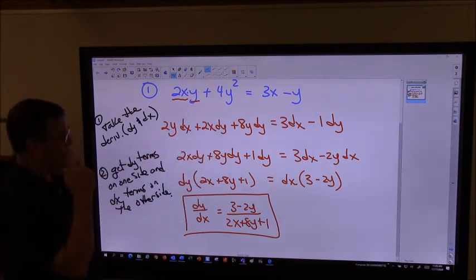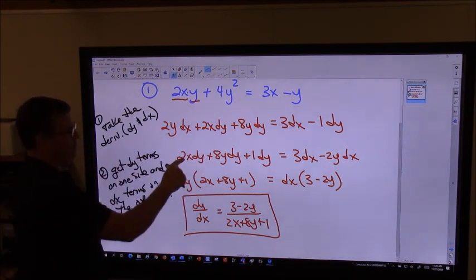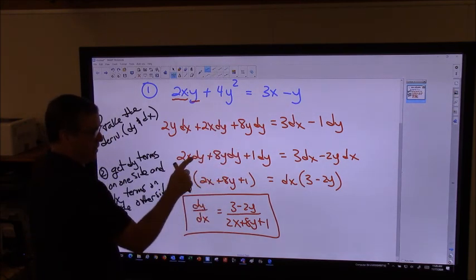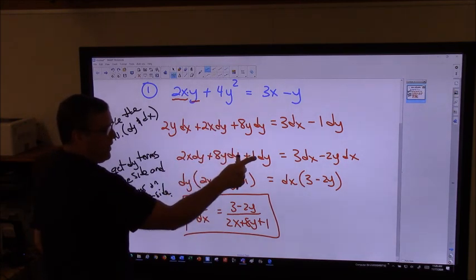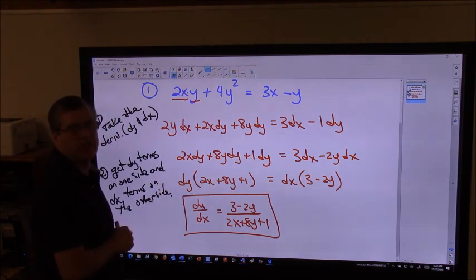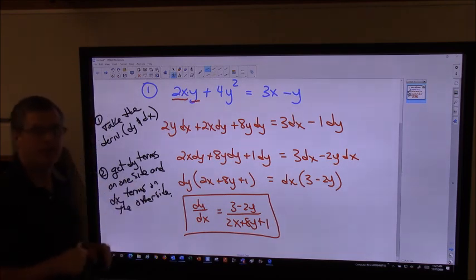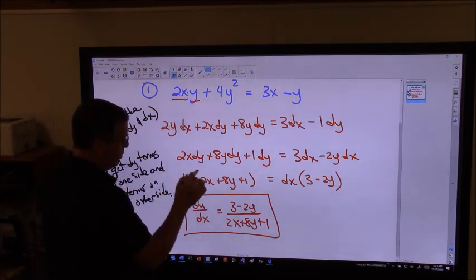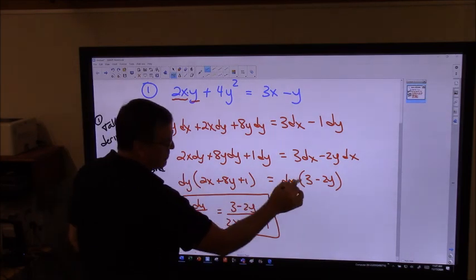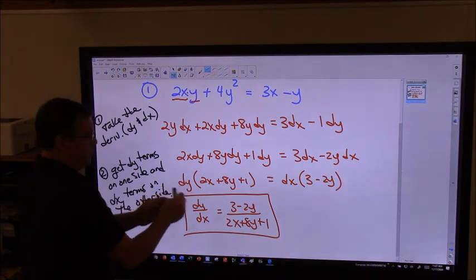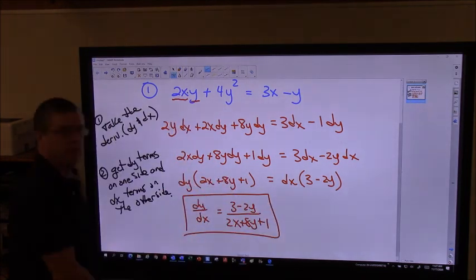Now, I'll be honest, I usually skip this step and go from here straight to here, because if every term has a dy in it, I know my next step is to factor it out. Why not just do it at the same time? You don't have to do that, but if you want to make this a little bit shorter, you can. Once I get that dy and dx factored out, well then it's just a matter of move this over here and divide, move this over and divide, and you've got your answer.